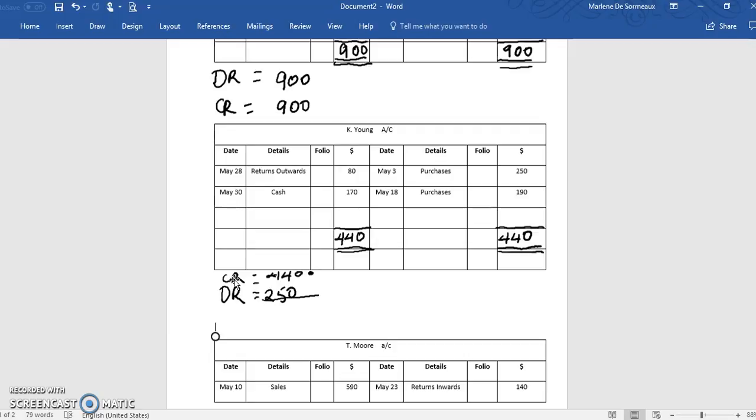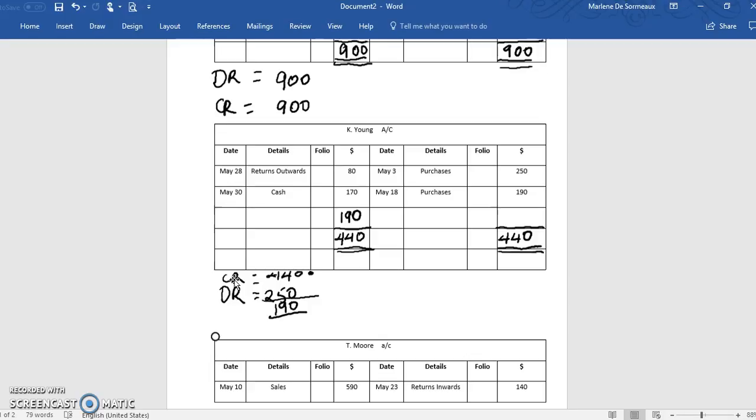And that's supposed to give you $190. That's the balance that you need on the debit side to give you a total of $440. So we're going to take the difference of $190 and put it on the debit side underneath the other values to give you that total value of $440.